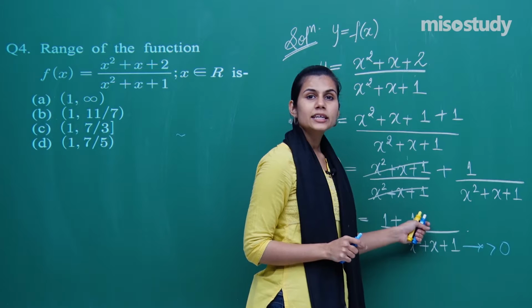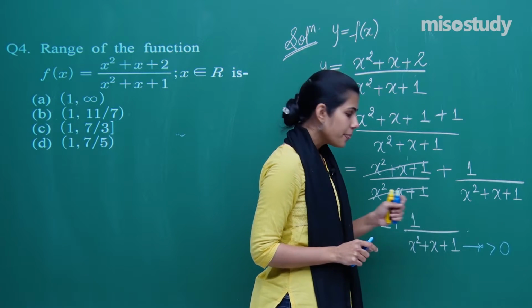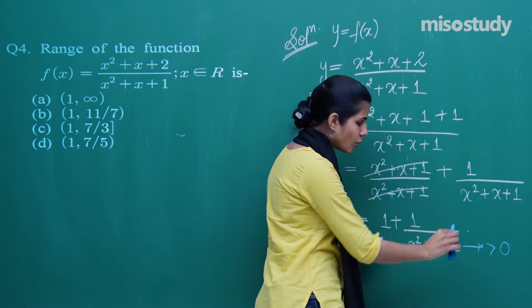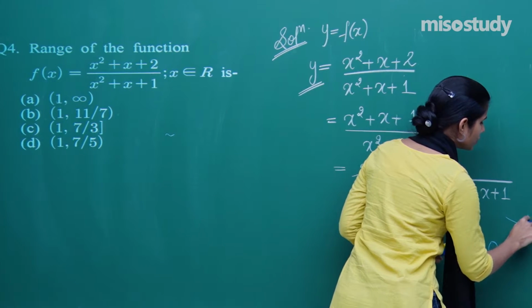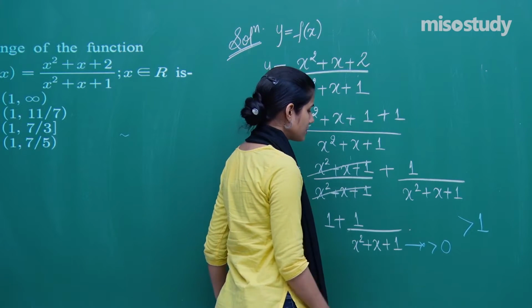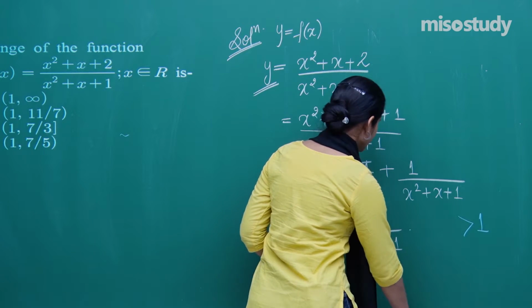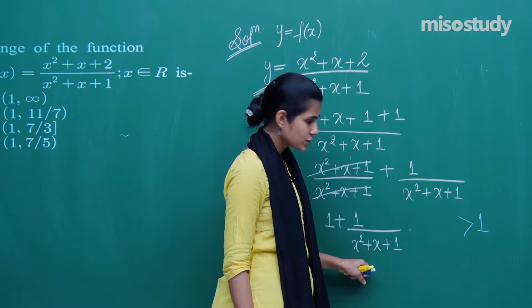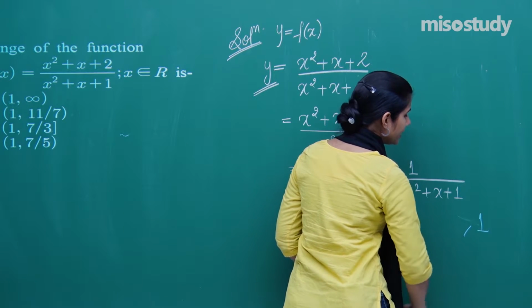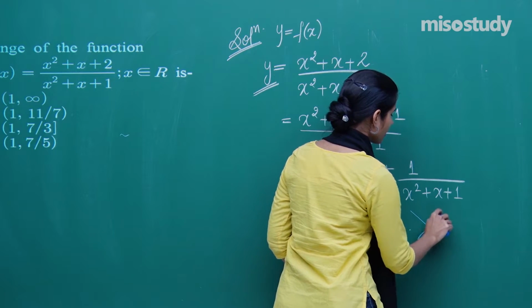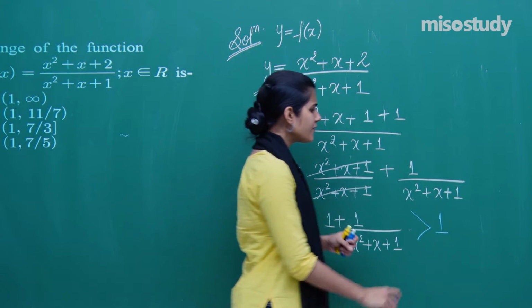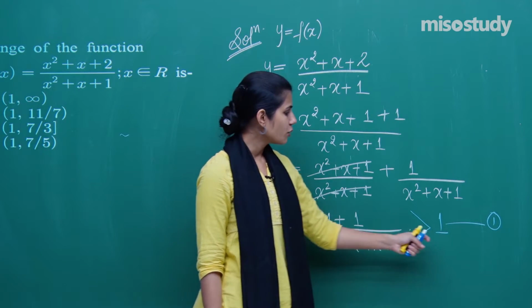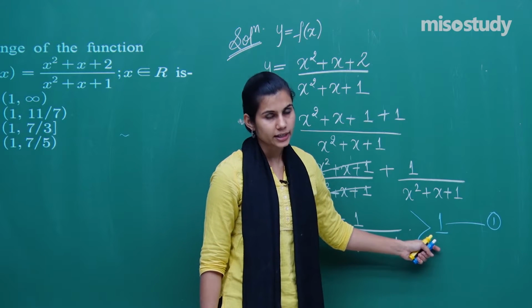And 1 obviously sitting in the numerator makes it non-zero. Therefore, this entire expression when 1 is added to it always gives you a greater than 1 expression. That means y, which is equal to 1 plus 1 upon x square plus x plus 1, is always going to be greater than 1. This is a very important point of observation, that the output which you are going to get is always going to be greater than 1 strictly.